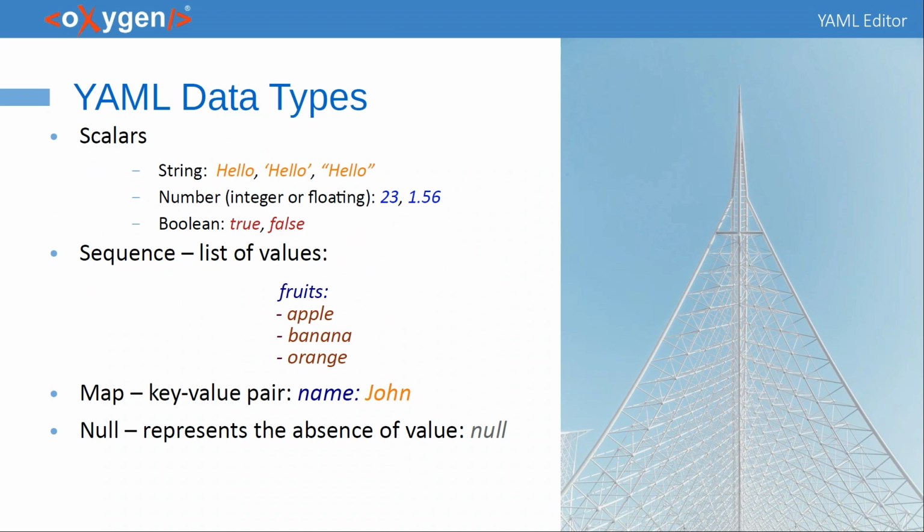As data types in YAML, you have scalars like strings, numbers, booleans, sequences, a list of values like an array. You have maps and also key-value pairs, and null represents the absence of a value.